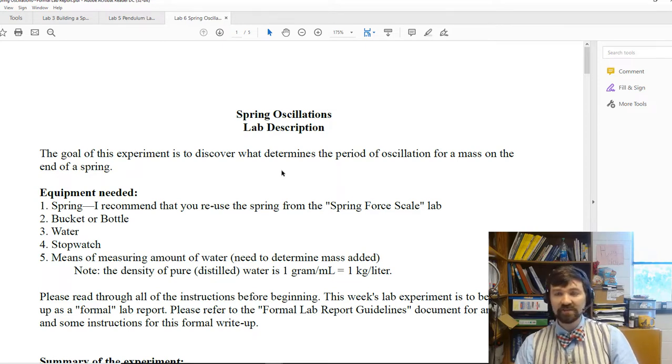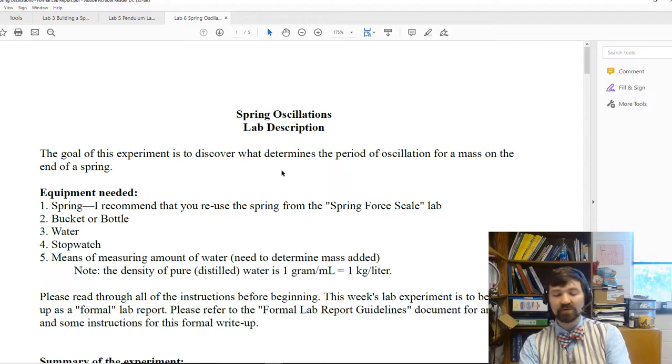For the sake of doing this lab in the small space that I have set up to make this recording, I am not using the same springs that were recommended for you for the Hooke's law lab.